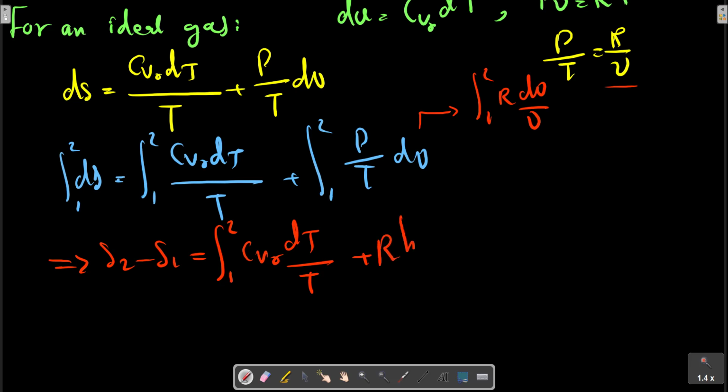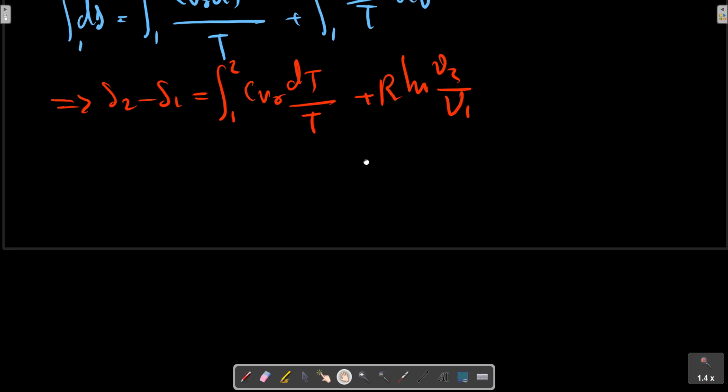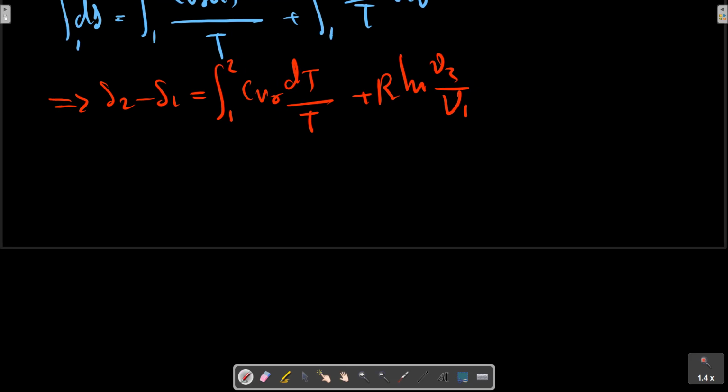So we have R ln V2 over V1. R is the universal gas constant.